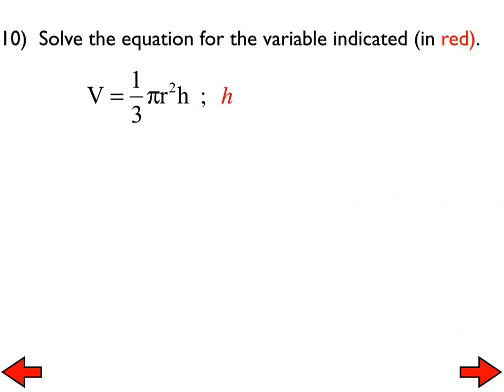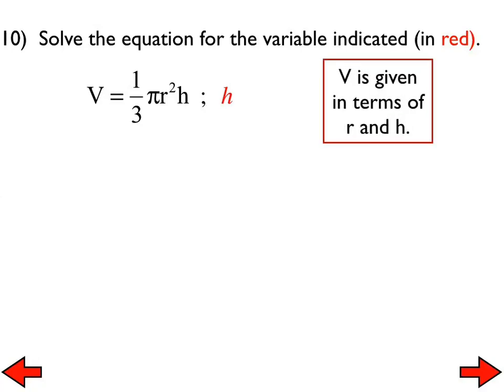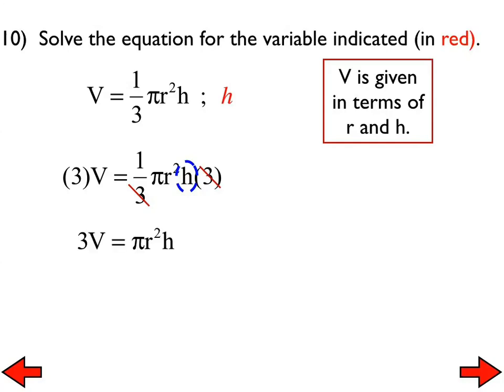Okay, in number 10, here's what I would have done. I would have multiplied both sides by 3. That way I don't have to deal with any fractions anymore. So that would give me 3v on the left-hand side and pi r squared h on the right-hand side. And that's the reason why the 1/3, if you want to think of it that way, disappears. So now I have 3v equals pi r squared h. I want to get h by itself.